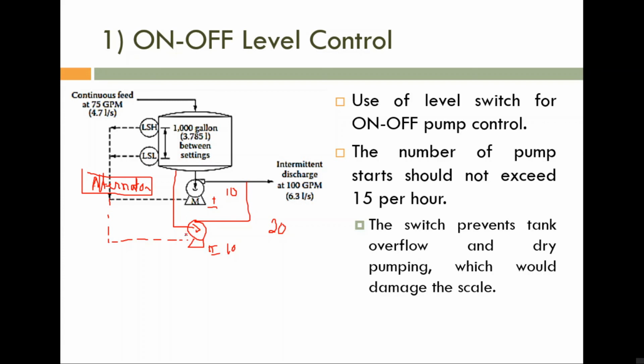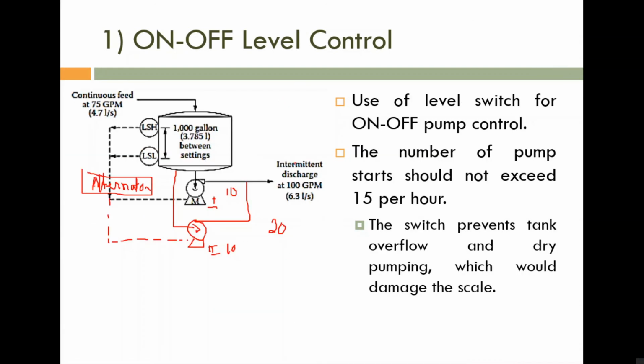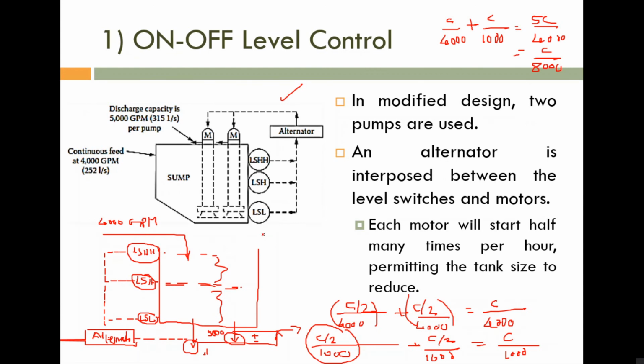If it is working, it will work for the particular time. That one is not reduced. But here, the number of starts is not reduced, operating time is reduced. Okay. So if you are worrying about the operating time, we can use this instrumentation. If you are worrying about the number of starts per hour, then we have to use this instrumentation. Okay. So this is on-off level controller.